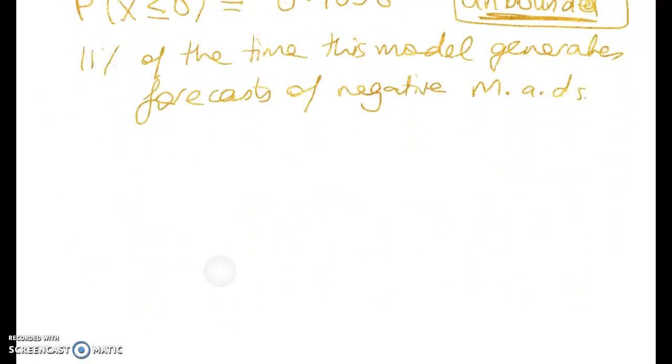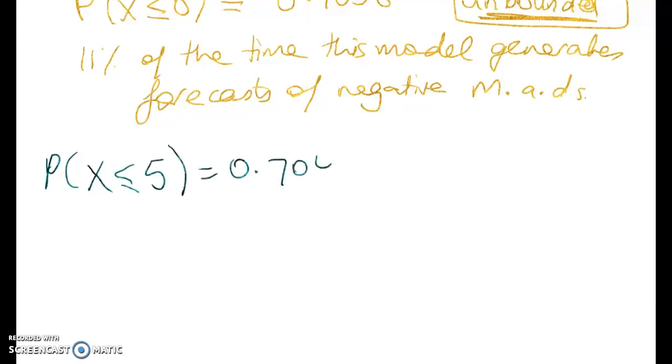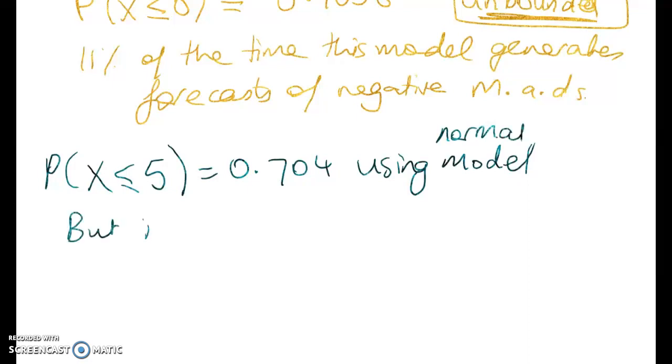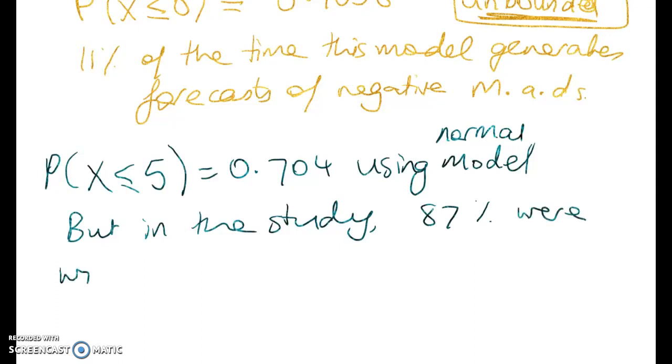So here the probability that x is less than 5 is 0.704 using the normal model. But in the study, 87% were within 5 minutes. And that's a significant gap.